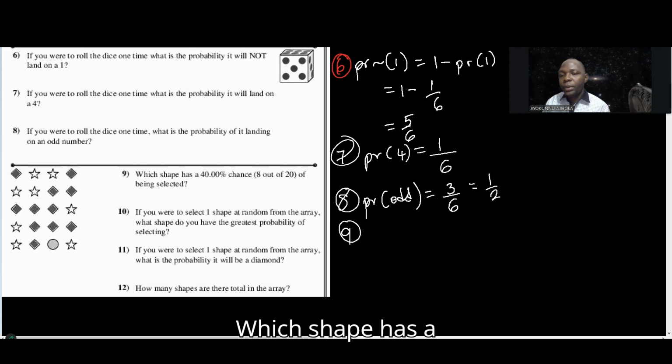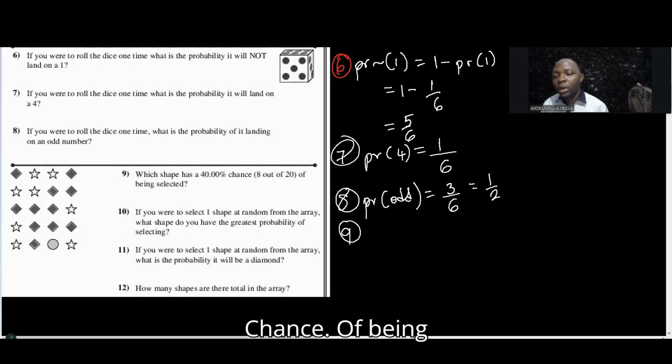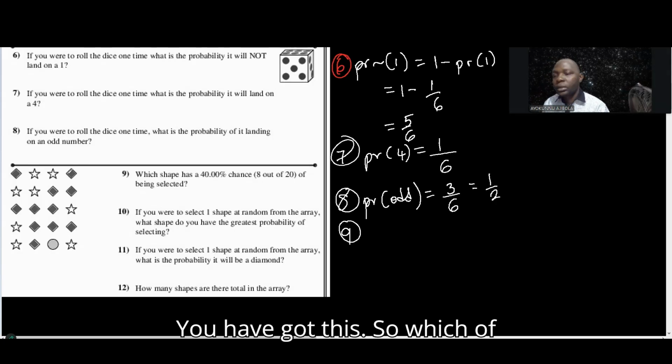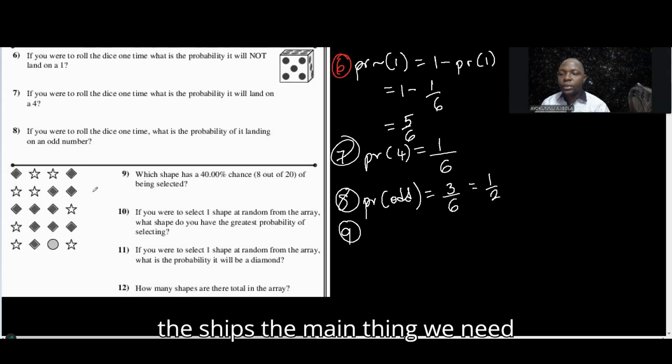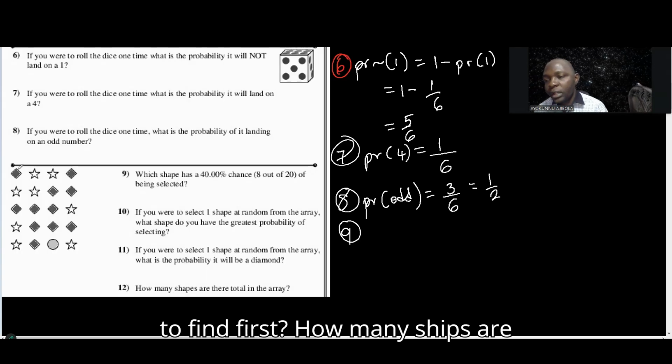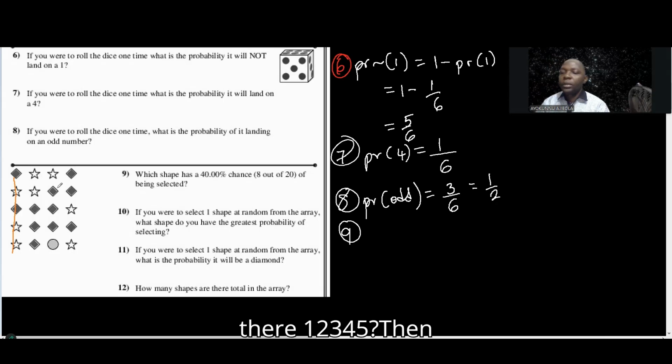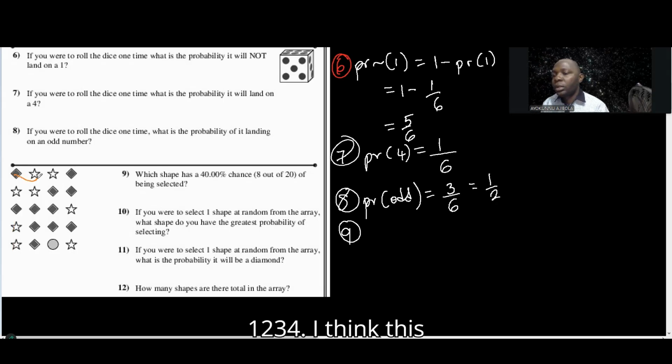Then number nine, which shape has a 40% chance of being selected at random? The main thing we need to find first is how many shapes are there? One, two, three, four, five, then one, two, three, four.